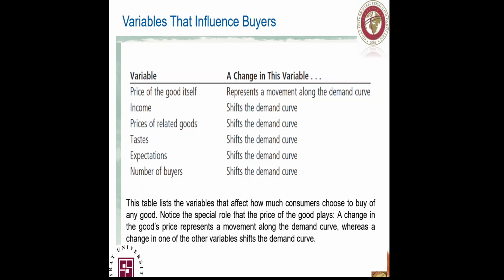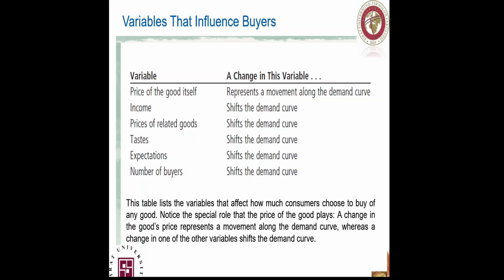So income will shift the demand curve. If you have less income, you will have less demand, which shifts the demand curve to the left. If you have more income, you will have more demand for some good or goods, and the curve will shift to the right. Prices of related goods, we explained it. It will make a shift in the curve, but it depends on the type of related goods.